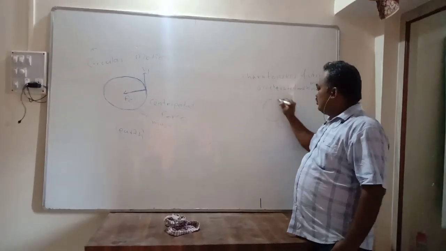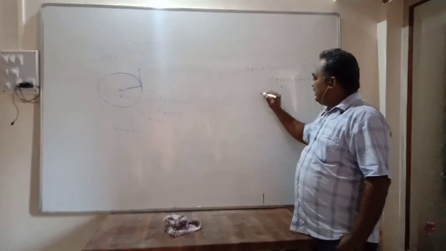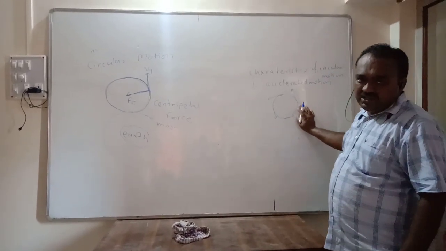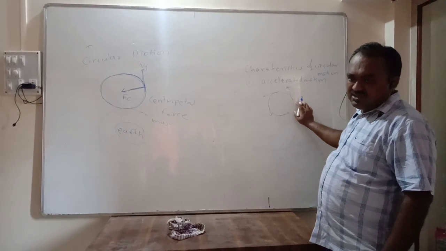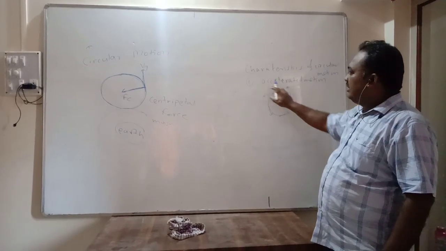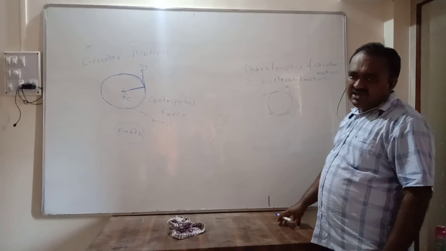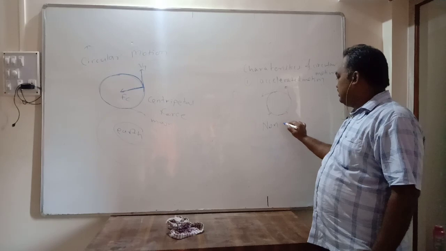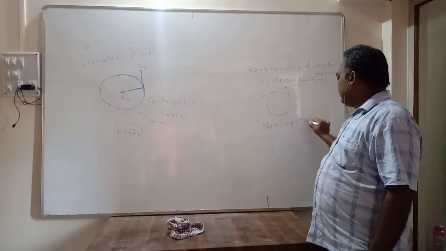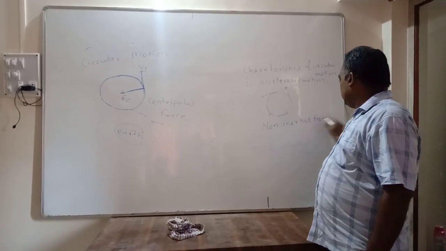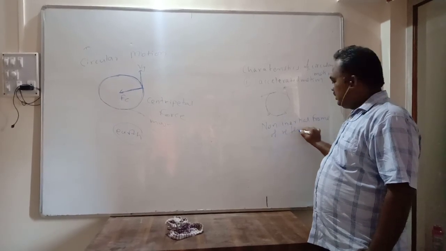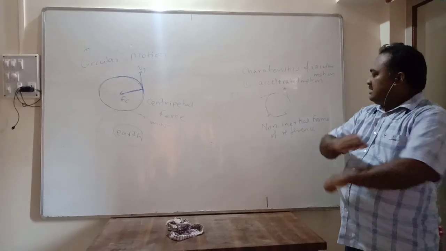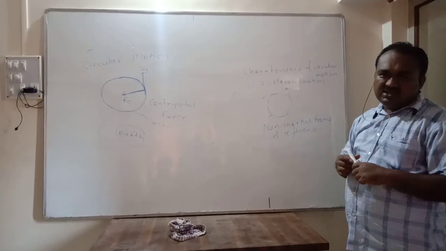Because in circular motion the magnitude of velocity at all point is same, but the direction changes continuously. Velocity is a vector quantity, as it is changing, so velocity is changing, so acceleration takes place. Therefore this circular motion, it is an accelerated motion and it occurs in non-inertial frame of reference. Okay, so this is the first characteristic.